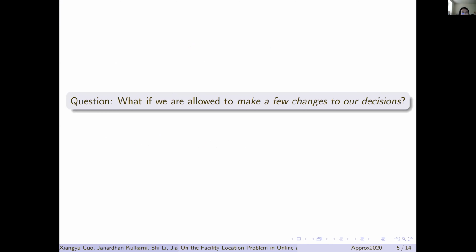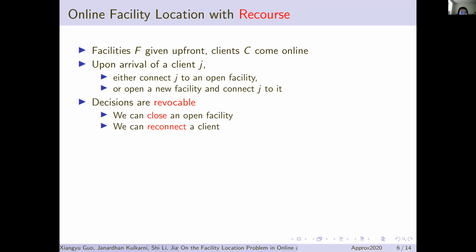We want to ask, what if we are allowed to make a few changes to our decisions? The difference between the irrevocable and the revocable model is just that the decision can be changed. We can close an open facility, and we can reconnect a client.